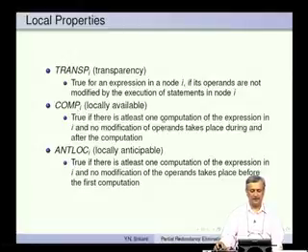What is a locally available or locally computed expression, comp I? That is a property. True if there is at least one computation of the expression in I and no modification of the operands takes place during and after the computation.